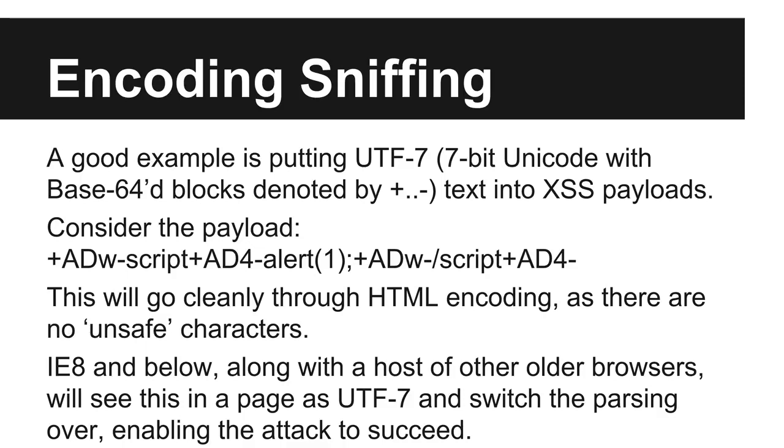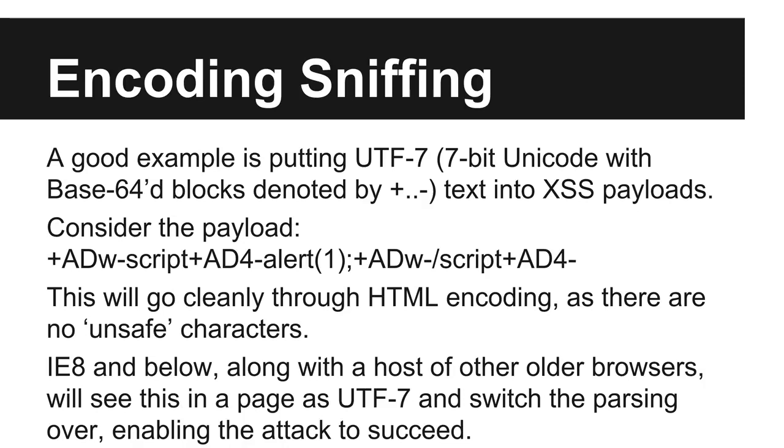Because if they're looking for, say, angle brackets and double quotes, standard characters that we always filter out, they're not going to be looking for UTF-7. Same thing goes for if they're expecting just plain ASCII or UTF-8. You send it UTF-32 characters, you're going to get straight through the filter there too.